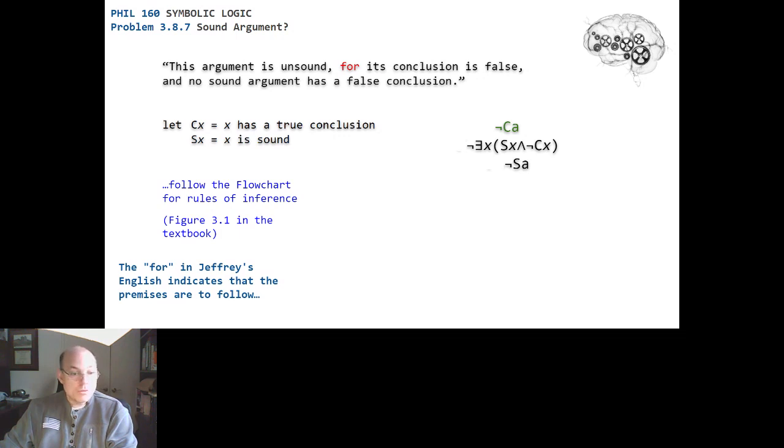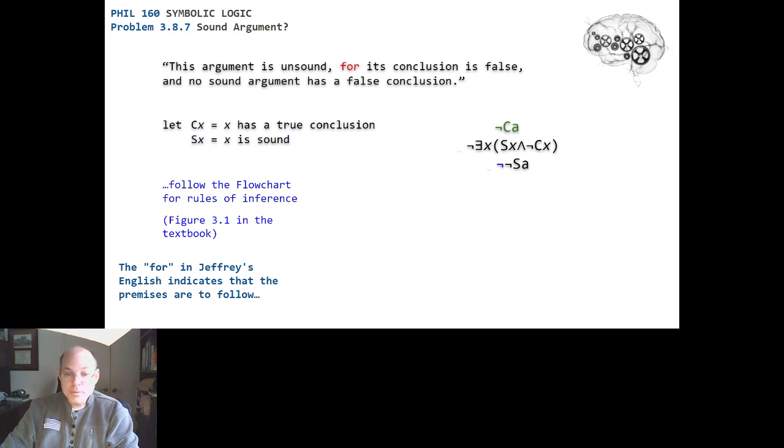First thing that we do after setting up our symbolic rows is to deny the conclusion. Once we've denied the conclusion, we'll follow the flow chart for rules of inference, which is figure 3.1 in the textbook.